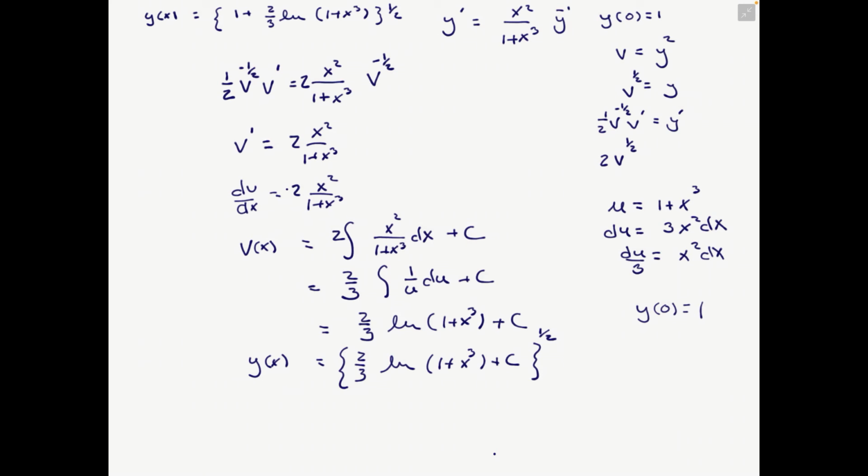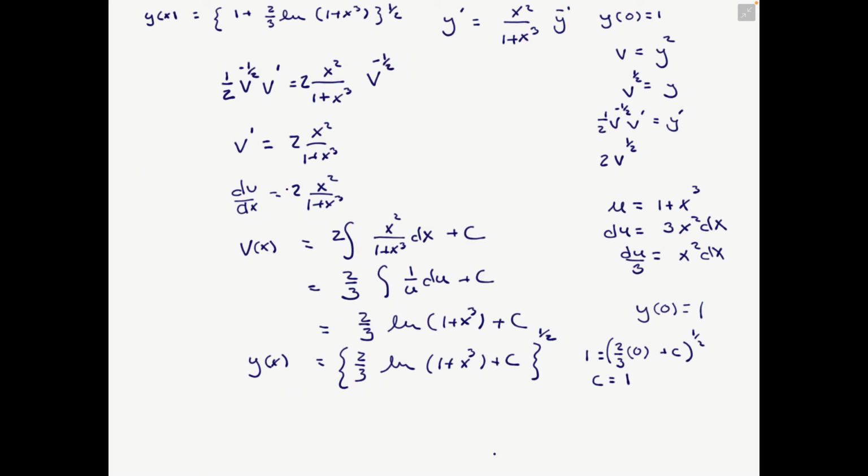we have 1 equals 2/3 times 0, because ln of 1 is 0, plus c to the 1/2. And that means c equals 1.